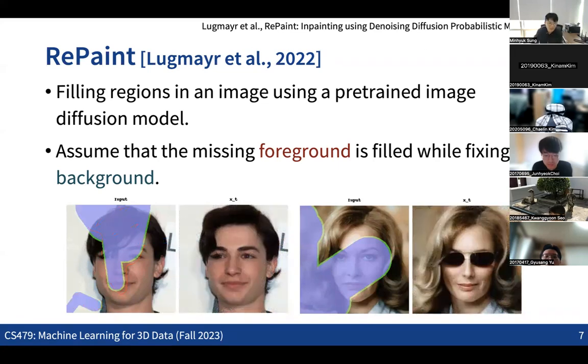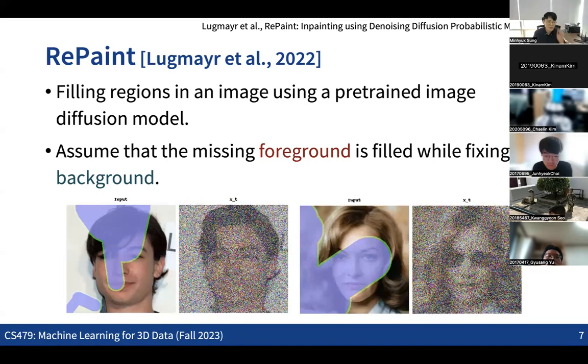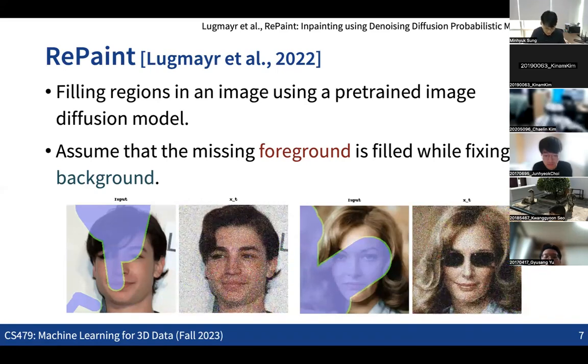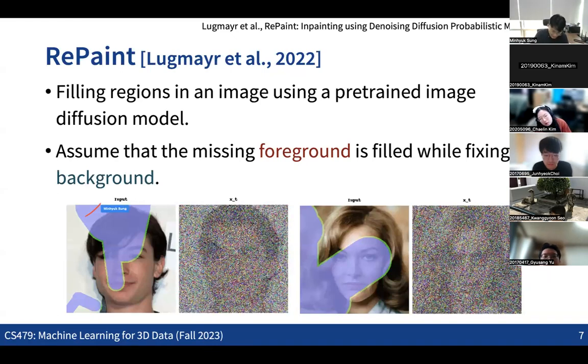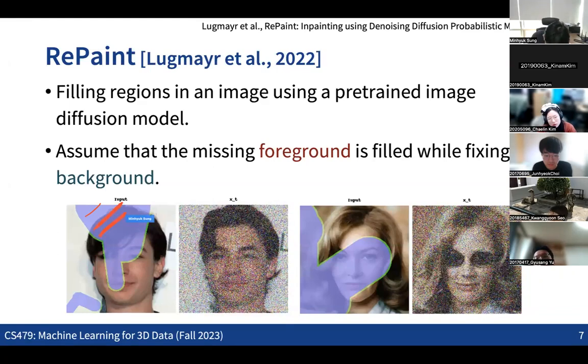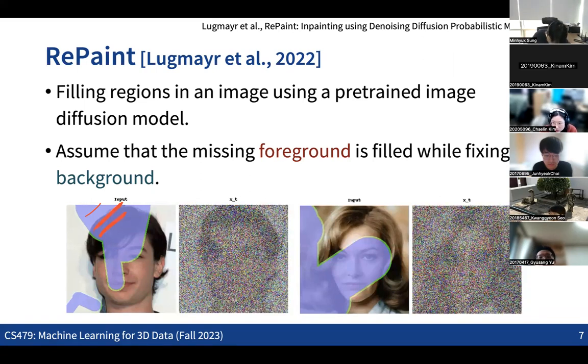How can we run the pre-trained diffusion model, which is not trained with such a mask, but run the reverse process in a way that we can fill in the missing region, making some filled-in information in this mask seamlessly connected with the background? So that's basically what we are going to do.